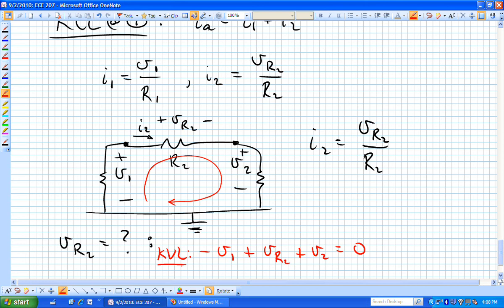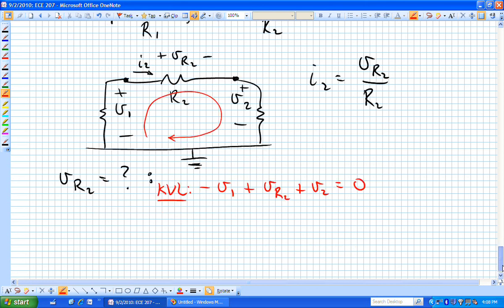Are we okay with that? From that we can solve for V sub R sub 2 to obtain V sub 1 minus V sub 2. And that's what we wanted. We wanted to express V sub R sub 2 in terms of V sub 1 and V sub 2. And now we have it.